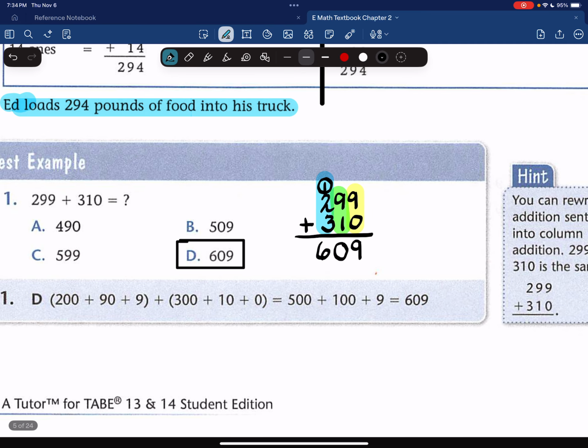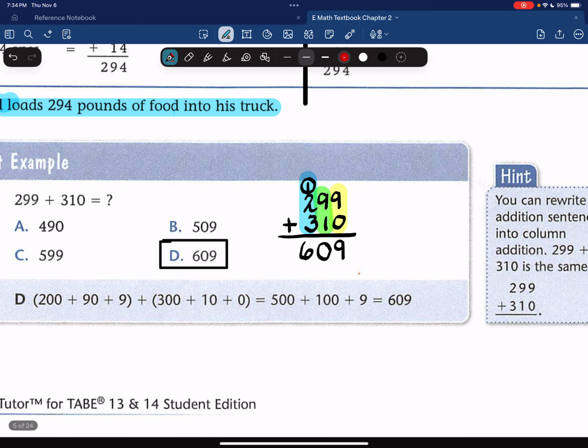What they're showing you down at the bottom is this method, where you say 200 plus 9 tens plus 9 ones, and then 300 plus 110 plus 0 ones. So I'm left with 9 ones, 100 there, and then 500 here.